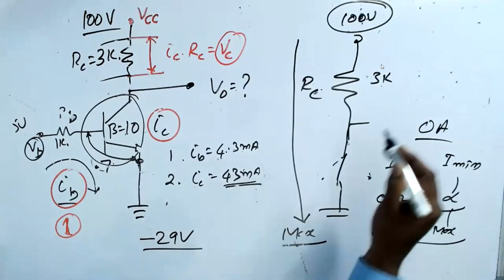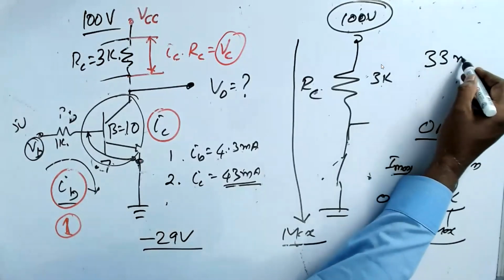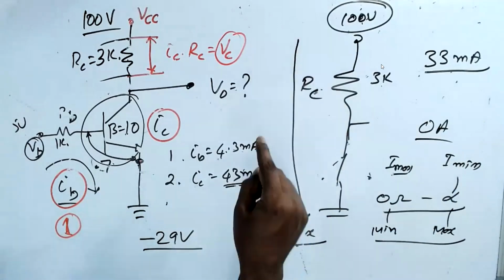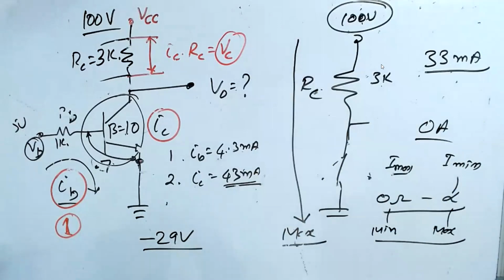It's about 33 milliampere, am I right? So the maximum current flows through this itself. Sir, 0.0003. No sir, that is 0.03 ampere. It's 33 milliampere.